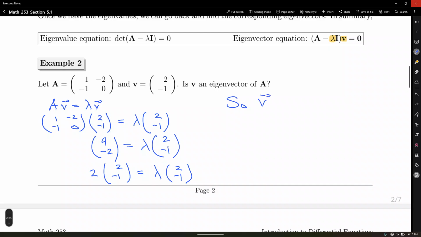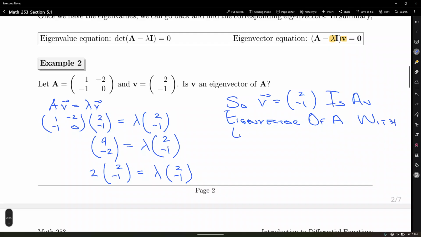So v = (2, -1) is an eigenvector of A with eigenvalue lambda equals 2. I know it's kind of weird, what we're doing right now, but where did that come from? Well, that's the next topic here, to actually find eigenvalues.